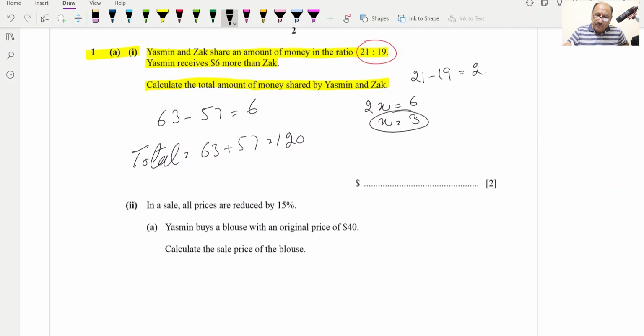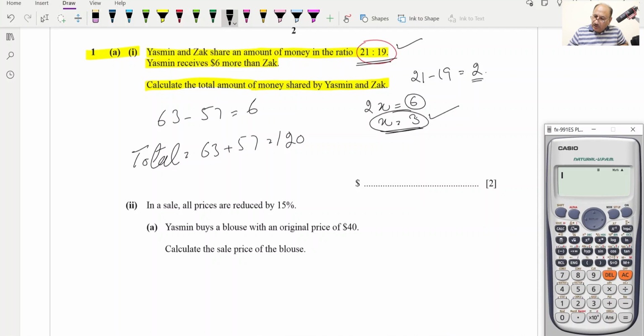So what we have done, if we recap the question quickly, first of all we have taken the difference of ratio, which is 2, and x is the amount which is being shared. So 2x, the difference of these ratios, is 6 and x is 3. Now we have multiplied this x by these numbers 21 and 19.